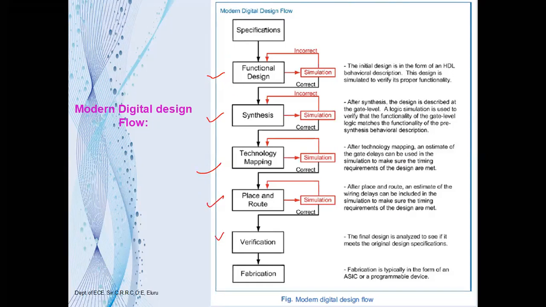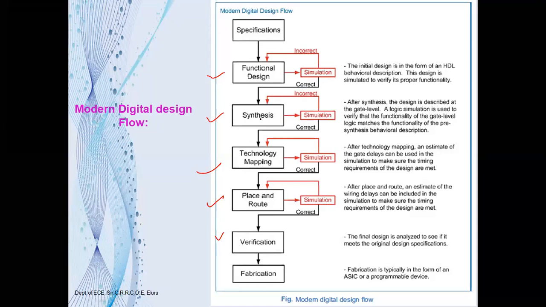See this. Initially we specify the specifications, and from the specifications we prepare the truth table at the functional design, and for the truth table we go for the simulation, to check whether we are getting the proper output for the given specifications. If the simulation at the functional design has given the correct output, then we will go for the synthesis.